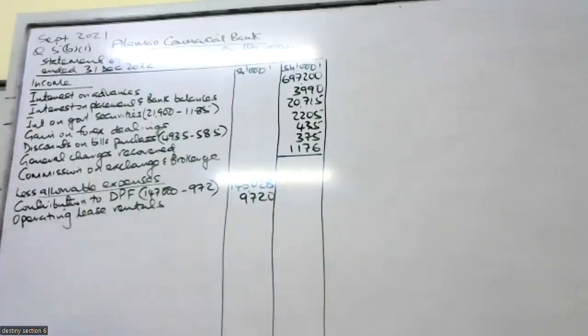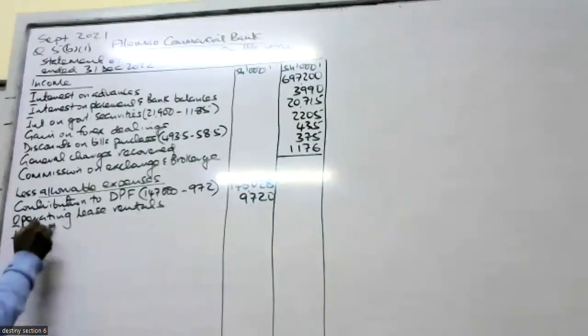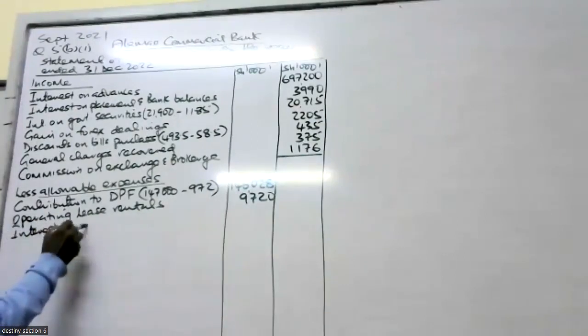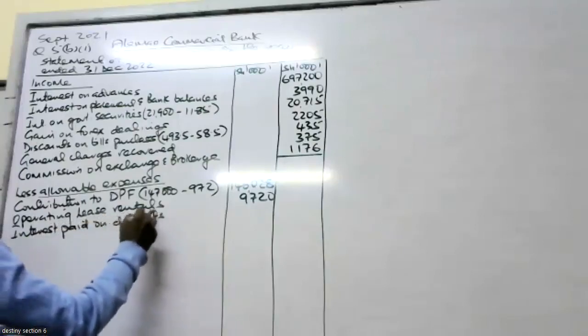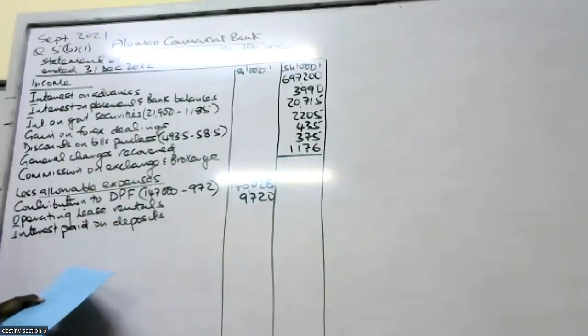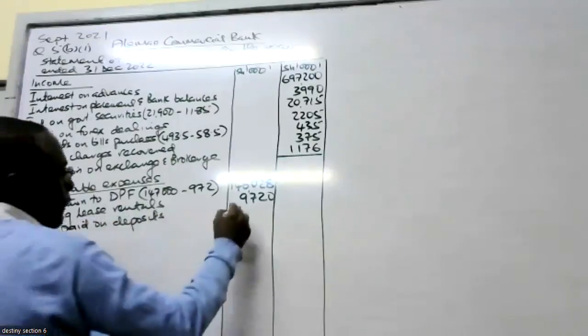Interest on government securities. Interest paid on deposits. So interest paid on deposits is 7110.